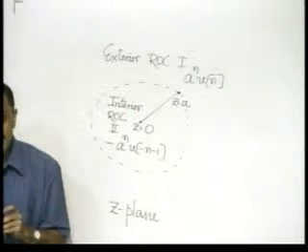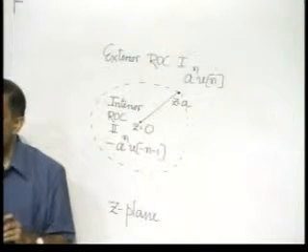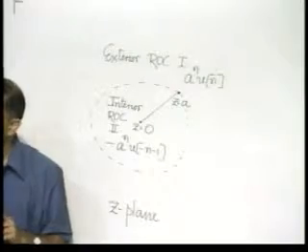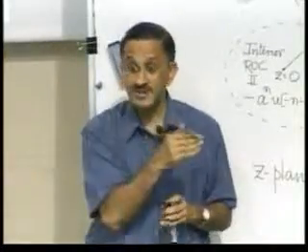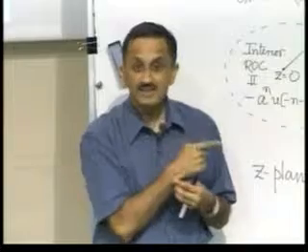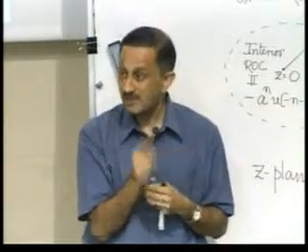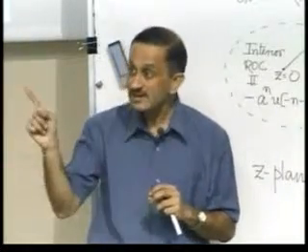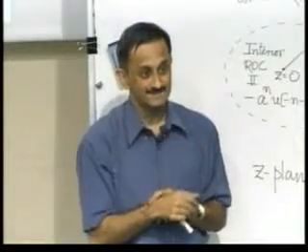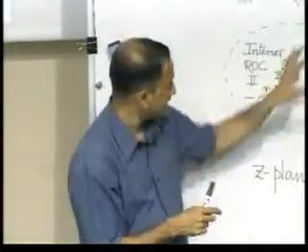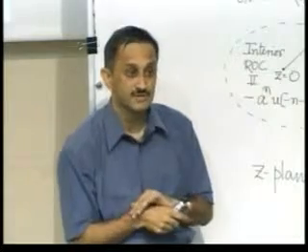So what we have done is we have considered the Laplace transform of an exponential function either right truncated or left truncated. Similarly, we have considered the Z transform for an exponential sequence, either right truncated or left truncated. And we have been able to establish the corresponding regions of convergence.